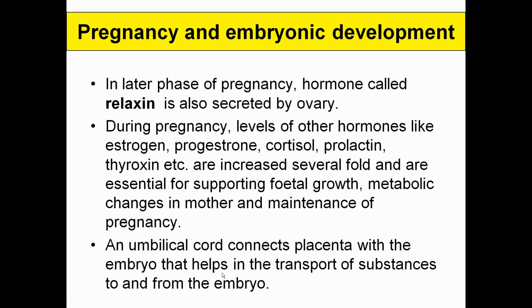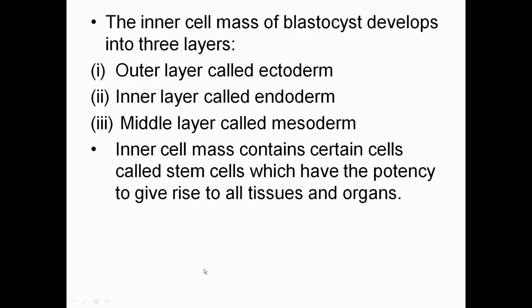Okay. Now, let's see the inner cell mass of the blastocyst is going to divide into the three layers, that is ectoderm, mesoderm, and endoderm. Ectoderm is the outer one, mesoderm is the middle one, and endoderm is the innermost one.